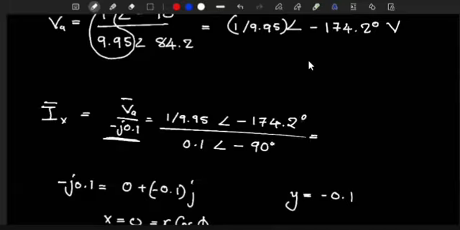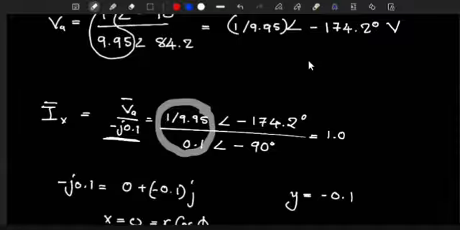So now let's divide. When you divide the peak values, so it will be that divided by 0.1, we get 1.005 as the peak value. Then next, the angle.